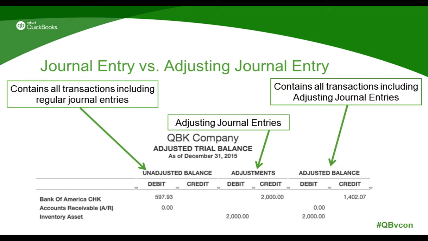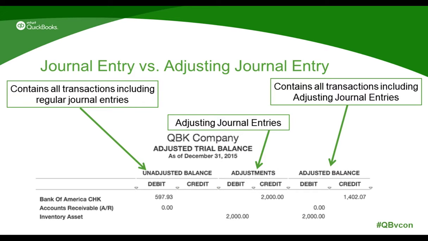All right. So now, what is the significance of making an adjusting journal entry instead of a regular, plain vanilla journal entry? If we make a journal entry without that little checkbox, all those journal entries will be considered client-side corrections, and they're going to be under the unadjusted balance. In QuickBooks Online, when we pull an adjusted trial balance report, they will be part of the unadjusted trial balance.